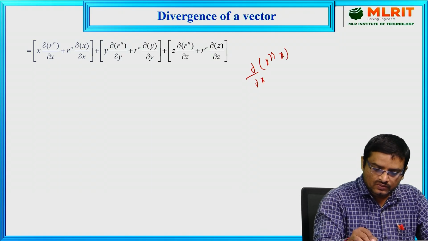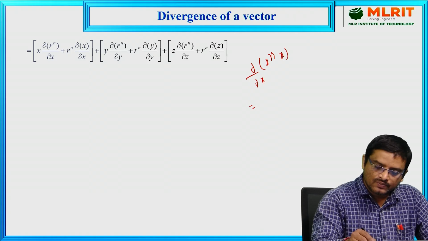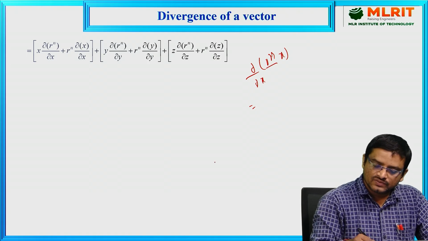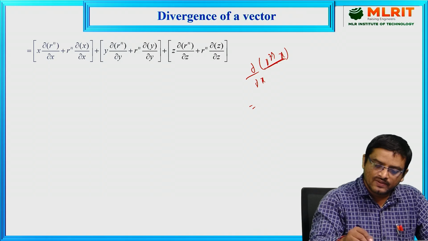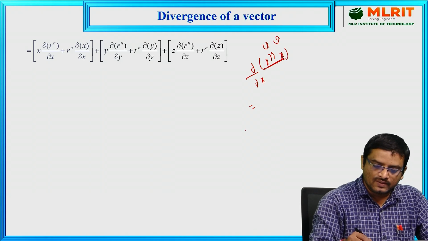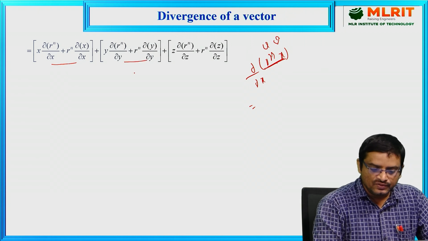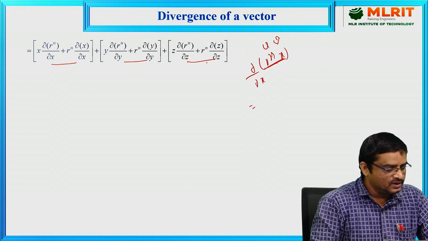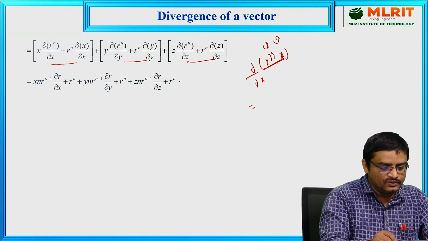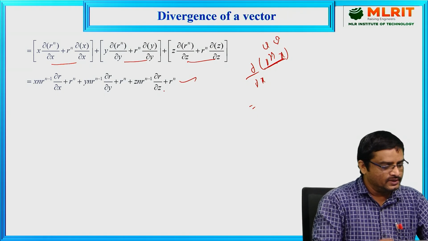First we will see one term here. r power n is a function in terms of x, y, z, and x is also a function in terms of x, y, z. So here we have a product of two functions, uv. Apply the derivative of uv formula, so you will get this one. Here also apply the derivative of uv. So finally you will get these values after removing all the brackets.